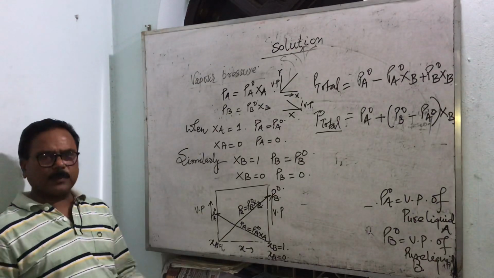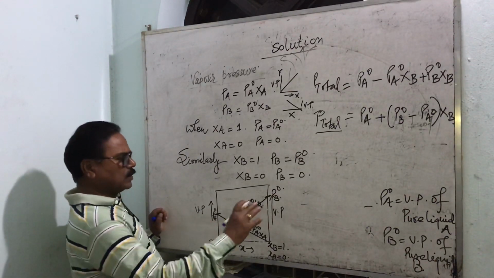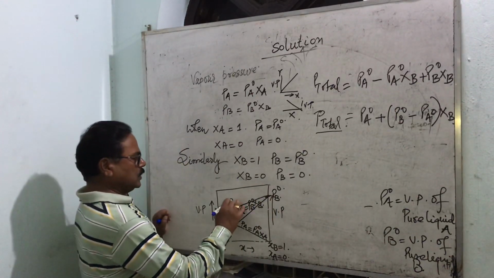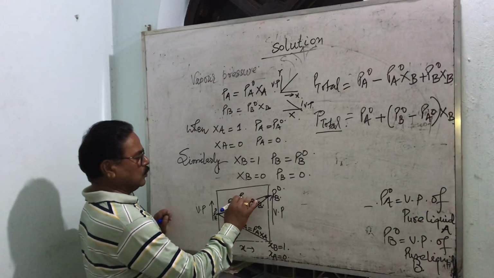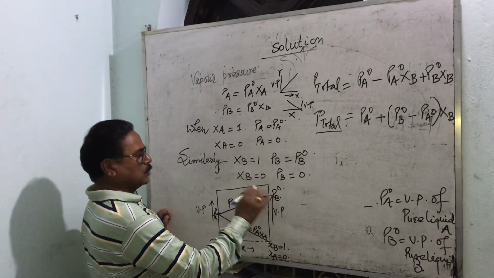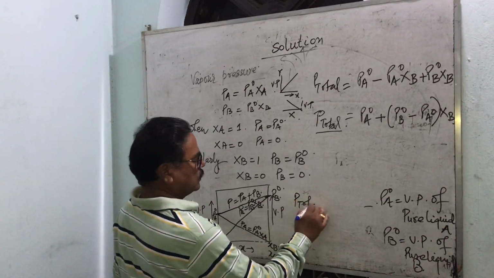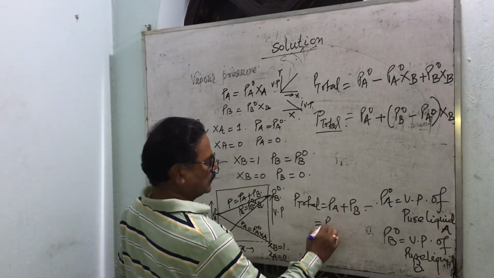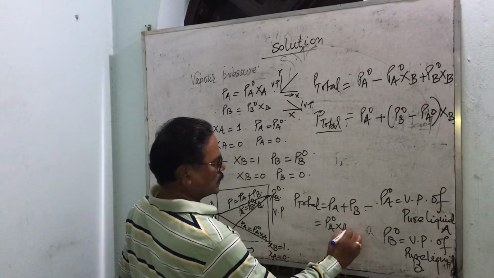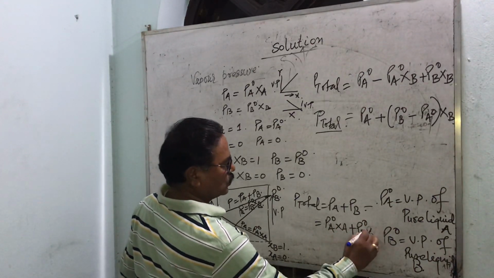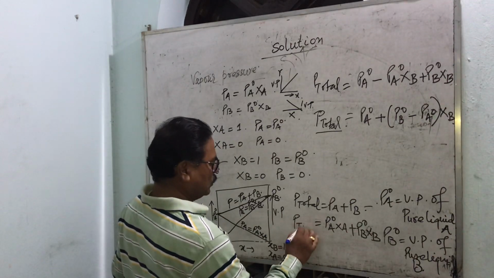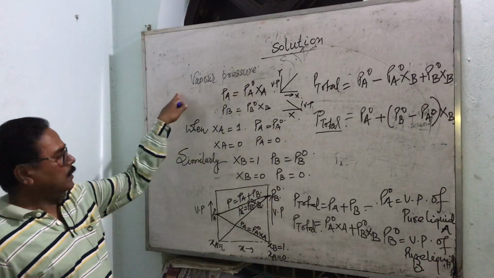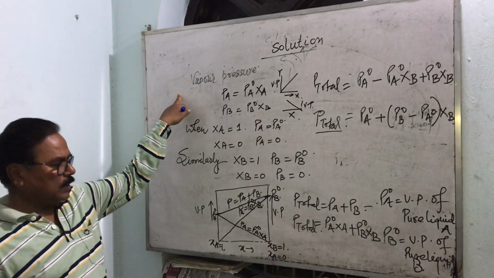Now the total vapor pressure will also lie between the two components. So P total is equal to PA plus PB, and in expanded form it can be written as PA naught XA plus PB naught into XB, and this is equal to P total. This is related to Raoult's law for binary solutions of two volatile liquids.